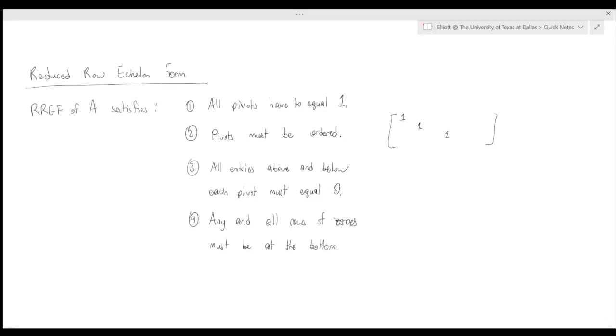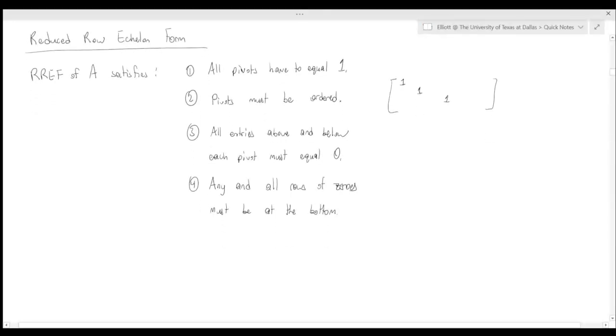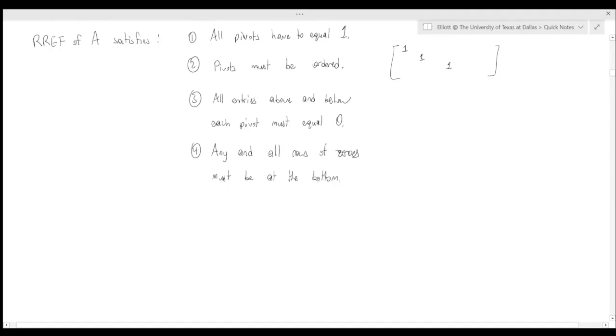All right. So if you have a matrix A and you want to put it into reduced echelon form, it's just going to involve doing row operations in the usual way. But for the reduced echelon form, you'll need to do a few extra row operations.